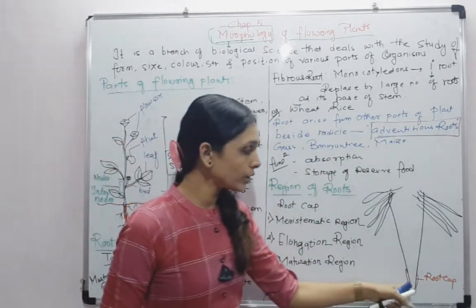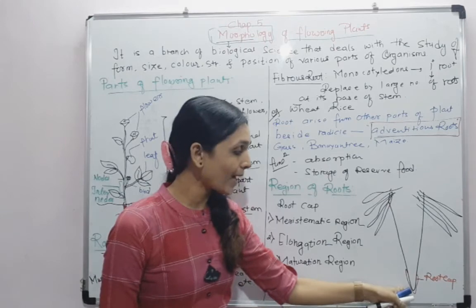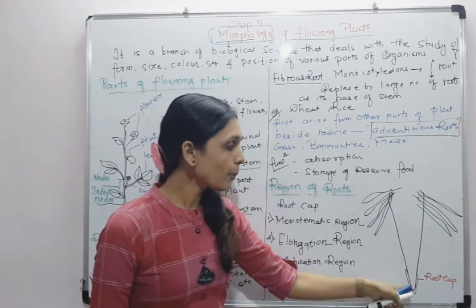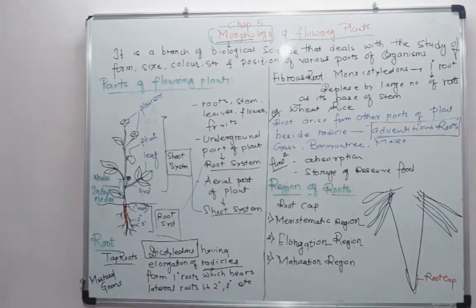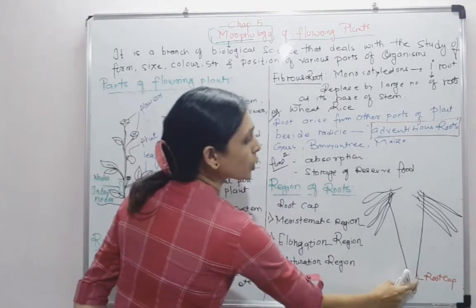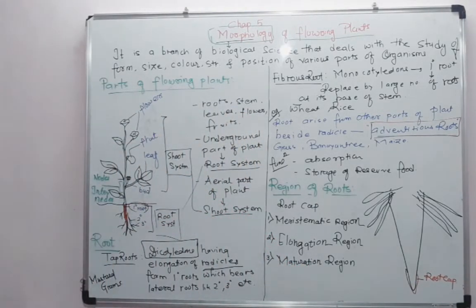Root is covered with a thimble-like structure at the apex. Apex, that is the tip. Tip of the root is known as root cap, right? So that is the covering, we can say. Function of this root cap is it protects the tender apex of the root as it makes its way through the soil. So function of root cap is what? The protection of this root tip.